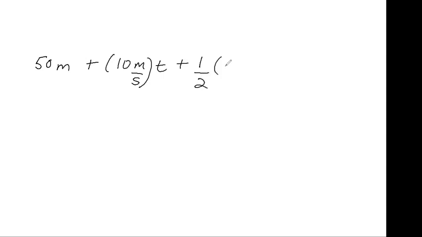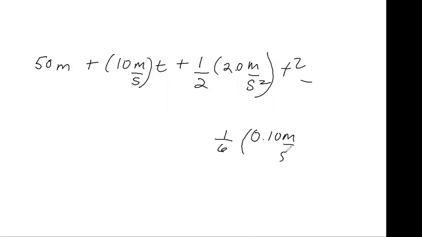Finally, to find the car's position at that time, or at that maximum velocity, I'm going to use the position function that we derived, which was 50 meters plus 10 meters per second times t plus 1/2 times 2.0 meters per second squared times t squared minus 1/6 times 0.10 meter per second cubed times t cubed.